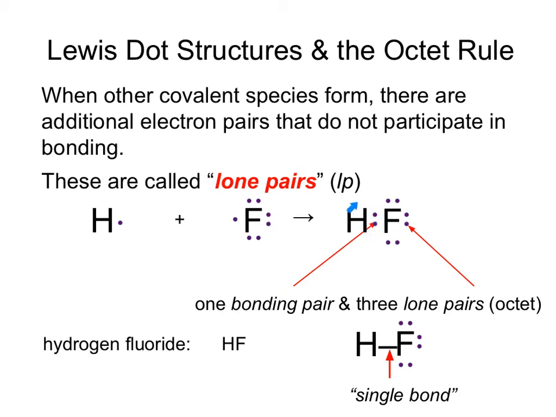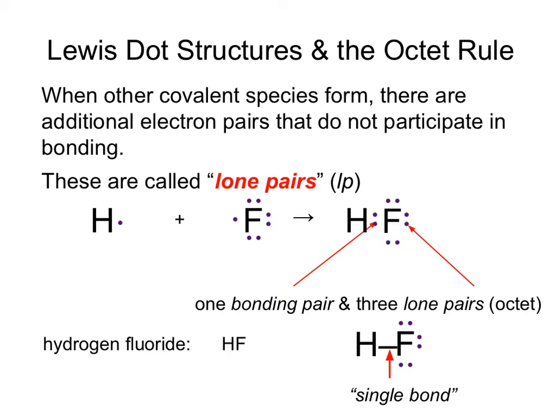And so now, once again, hydrogen has a full outer shell. It's got its 2 electrons that it wants. Fluorine can fit 8 electrons in its outer shell, and by sharing with hydrogen, that's now what it has. And so we say that both atoms now have an octet. Just keep in mind that an octet for hydrogen really means 2, but fluorine has its octet here.